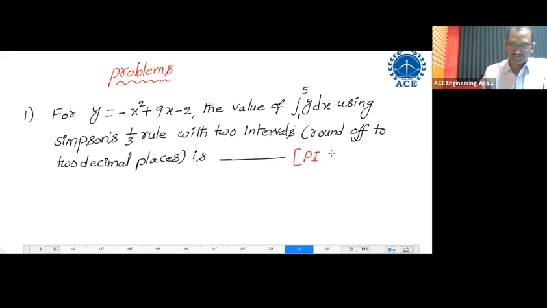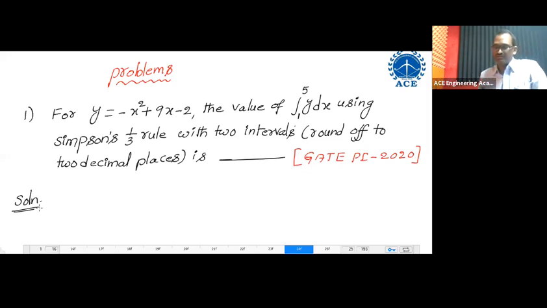This was given in GATE 2020 production engineering. Remember, 1 to 5 must be split into 2 intervals only.